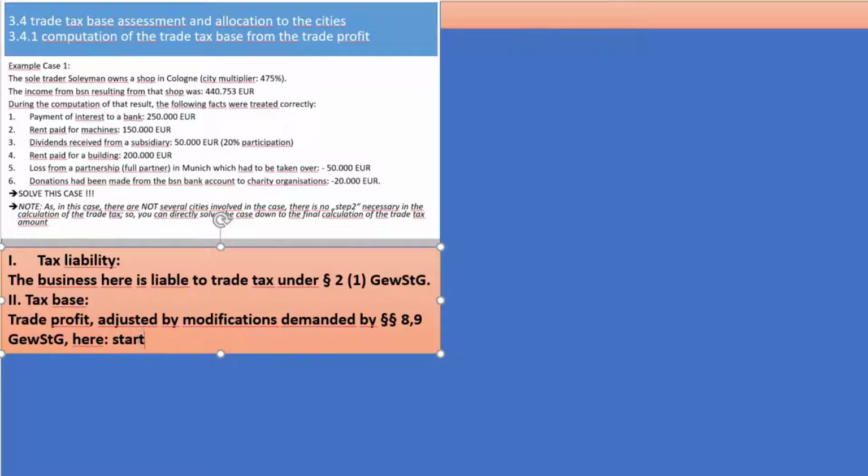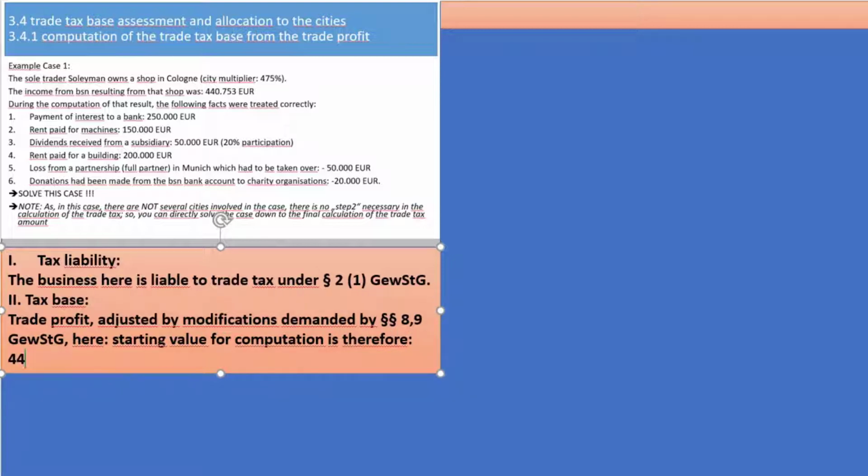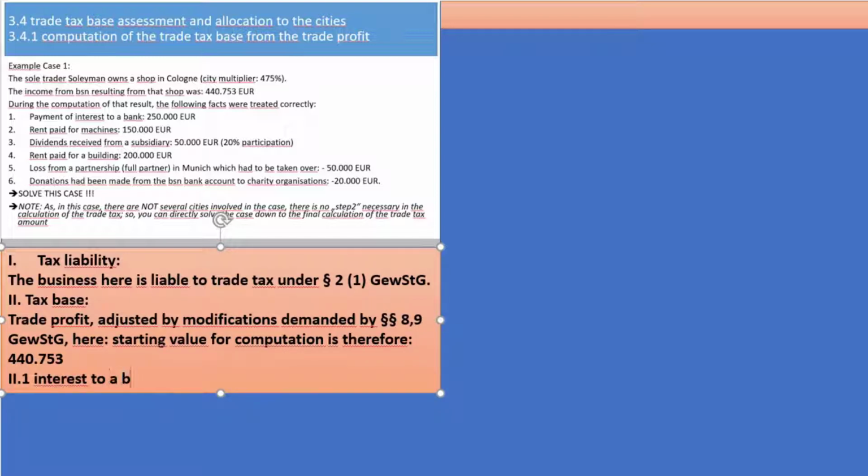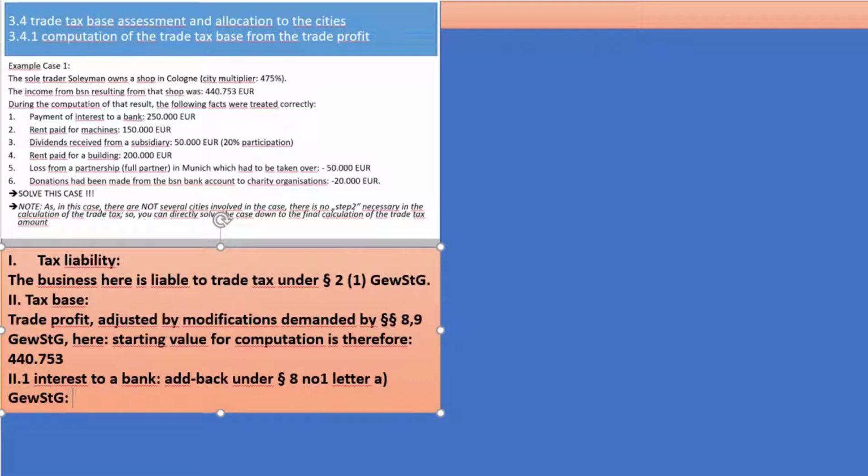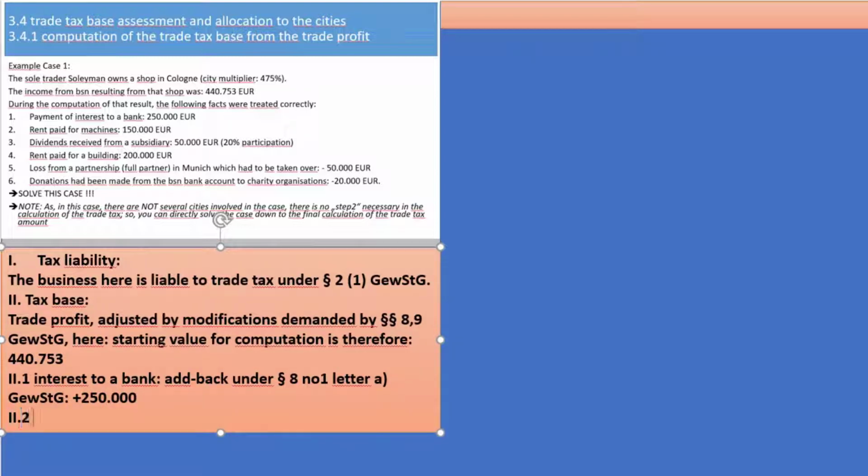Here, the starting value for our computation is therefore 440,753. Now, 2.1, interest to a bank. That is an add back under paragraph 8, number 1, letter A of the Trade Tax Act, and it's fully added back, plus 250,000. 2.2, the rent paid for machines.